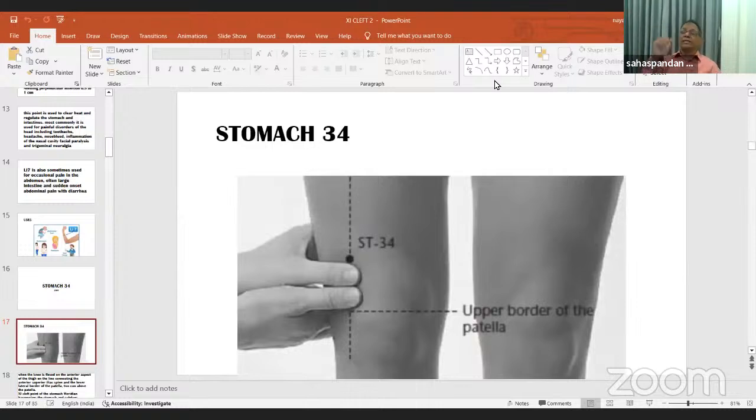So this point is used very often for stomach pain and spasm.